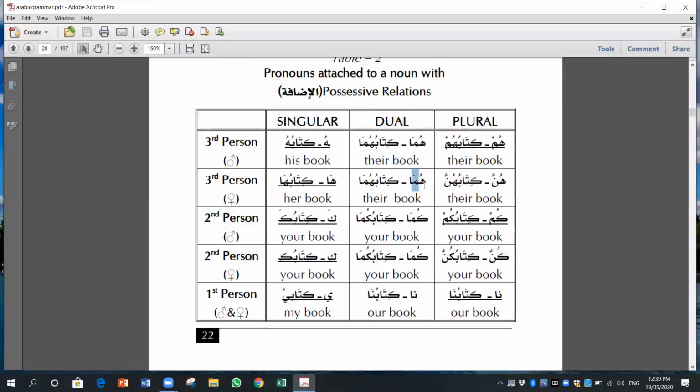It's easy, alhamdulillah, to remember. Kitabuhuma, their book. If I'm talking about two girls, I will also say kitabuhuma, their book. And kitabuhunna is also the same as we studied in detached pronouns, but when it is attached, it will be their book. When it was detached, it was they, all females.